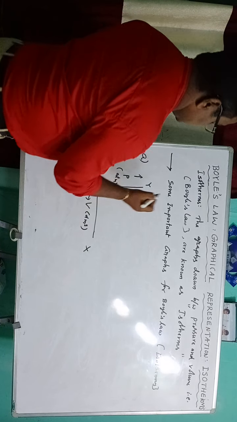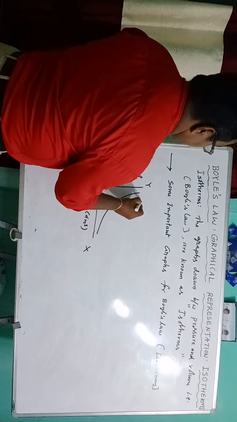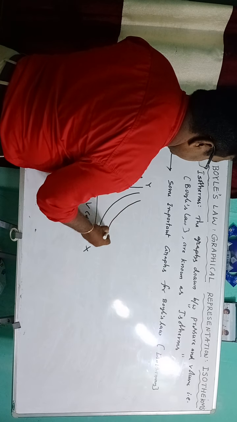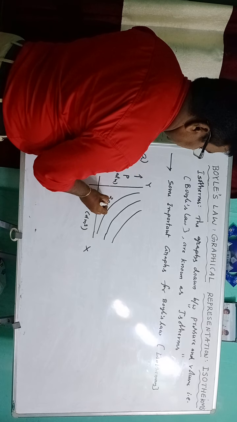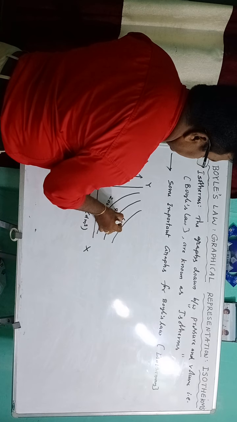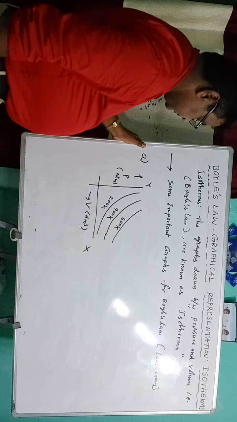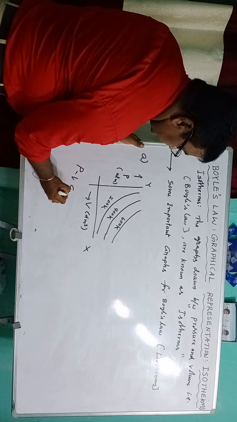So the graphs are isotherm 1, 2, 3: 200 Kelvin, 400 Kelvin, 600 Kelvin.